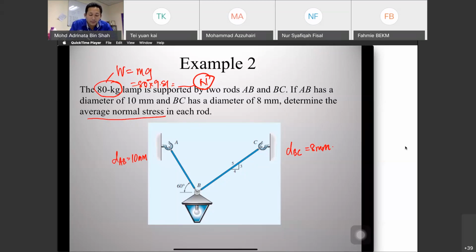Normal stress is equals to sigma is equals to P over A. A, you have your A given. The diameter is 10 mm, so A is equals to pi D over 2 square, or pi D square over 4. Okay, so you know your A.